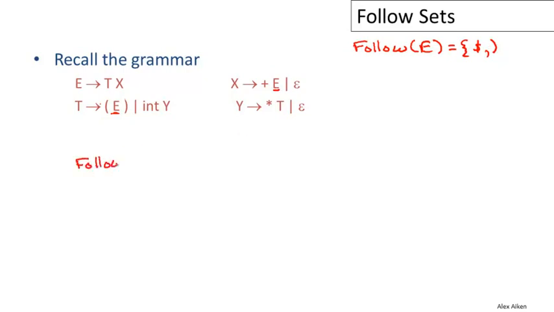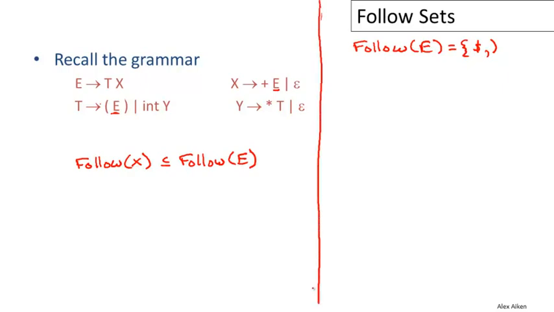This is just a property of the relationship that the follow sets will have when we're done computing them. This doesn't immediately tell us anything new that's in the follow of E, but as we go along and learn about things that are in the follow of X, we'll have to add them to the follow of E. Let me just divide up the slide here. We'll put our properties about the relationships between follow sets on the left-hand side, and the actual follow sets on the right-hand side.